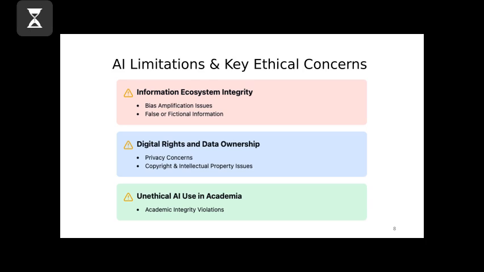So there is a lot of concern around how these companies are using the information you enter when you are, for example, prompting AI. If you were to enter some sensitive information, are they really capable of protecting this? So this creates a lot of privacy concerns related to AI development and use.